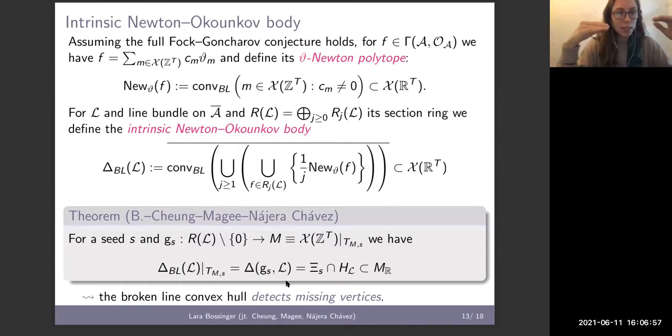In usual convex geometry, you can add vertices to your polytope. For Newton-Okounkov polytopes, this is certainly a great advantage, because you can consider the Newton-Okounkov body as a broken line convex hull of a smaller number of valuations of elements.